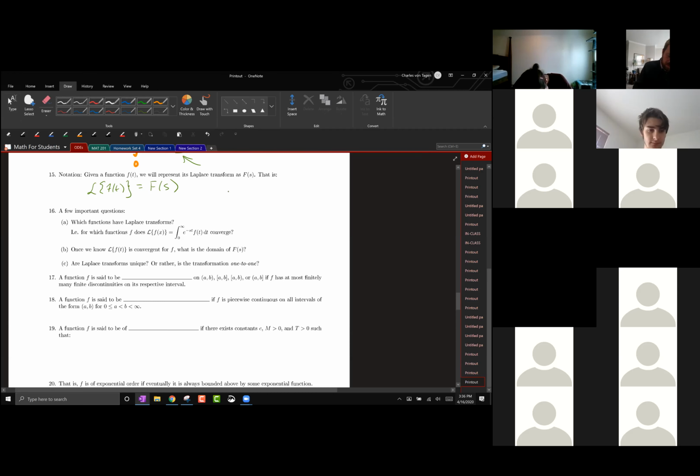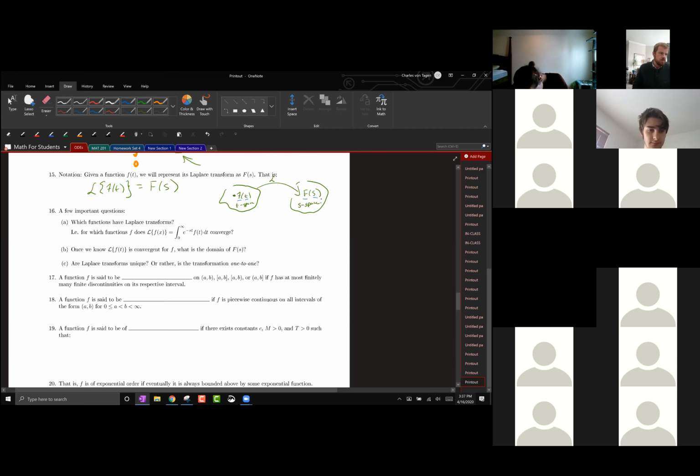So again, the picture that goes with this is we've got a function here in t space, f of t, and then we do the Laplace transform to it, and it gives us a function over here in S space that we're going to call capital F of S. So we're connecting the two functions together by using the same letter. So you know that little f goes with big F, little g goes with big G, but notice the difference in the domain value. This is in T space, this is in S space.